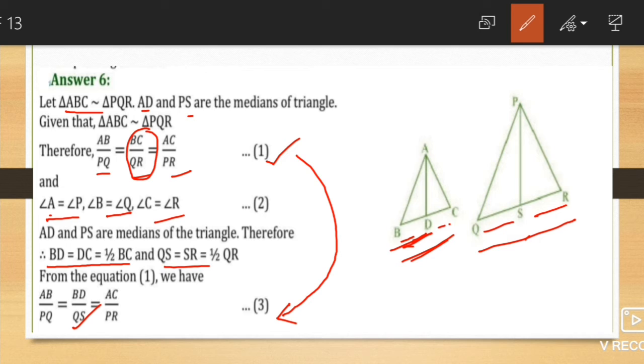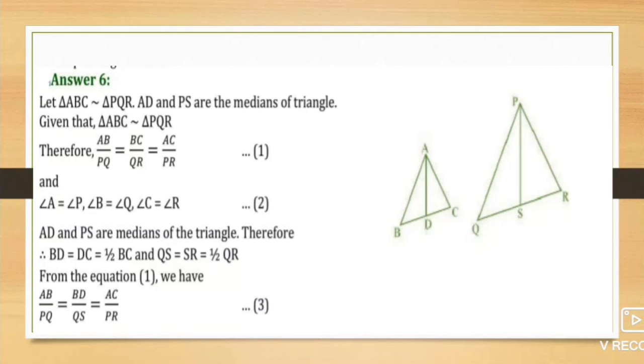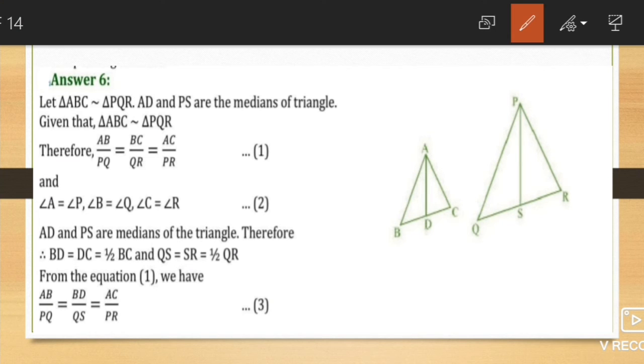What is equation number 3? Equation number 3 is AB by PQ is equal to BD by QS is equal to AC by PR.